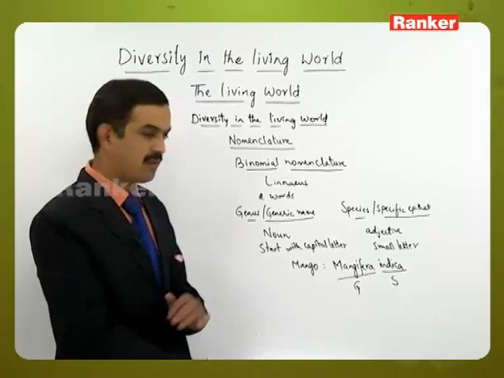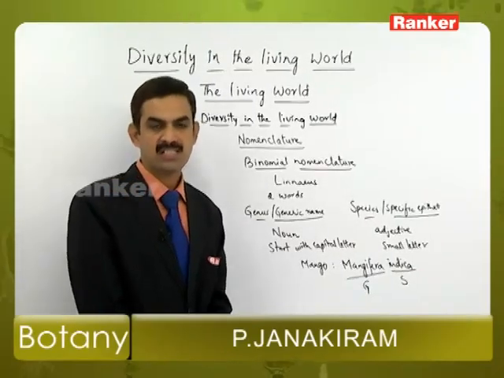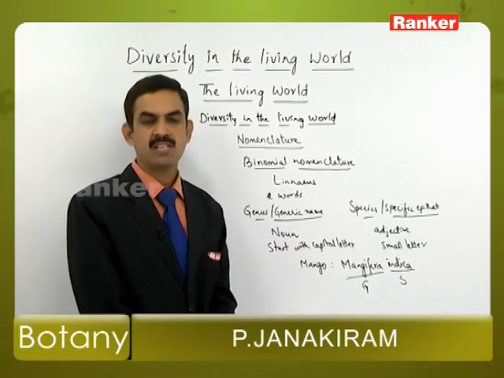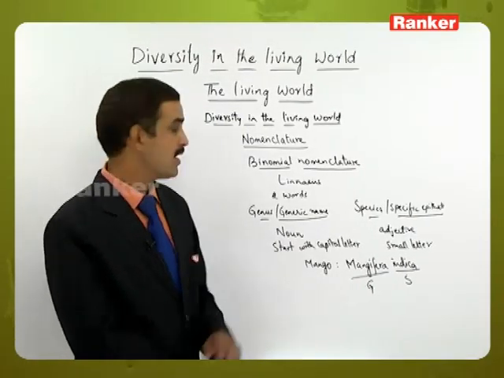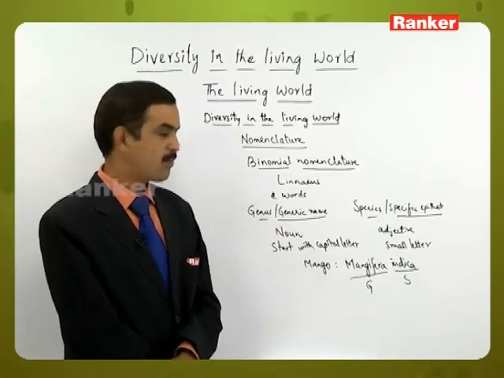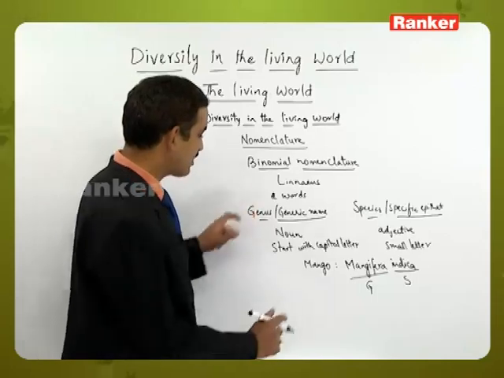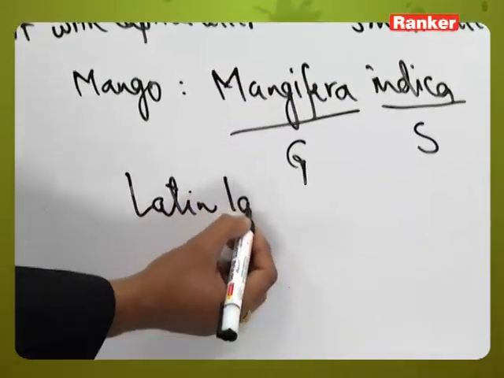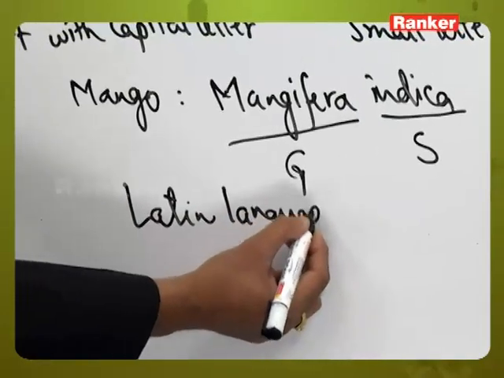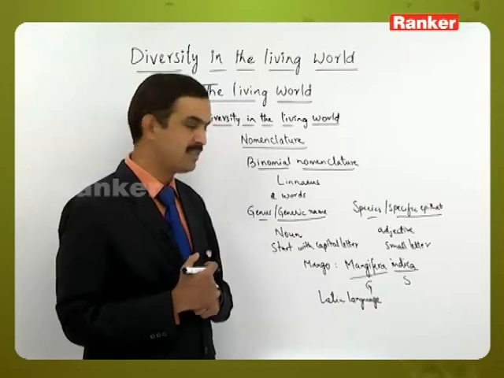That's what naming of an organism or a plant with two words is called binomial nomenclature, which is universally accepted by all the botanical scientists in the world. And one more thing: the words used for the scientific name are derived from the Latin language.